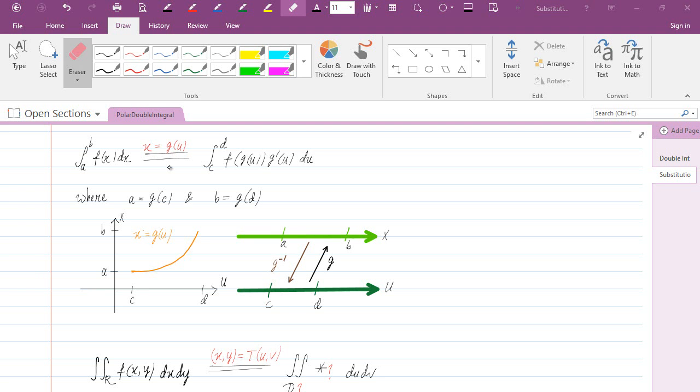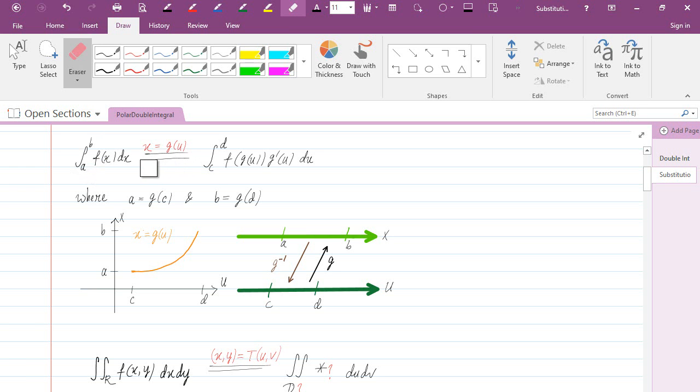In the last video, we have seen the change of variables formula for integrals of functions of a single variable. That is, we have seen this equation right here. We have this integral from a to b of f of x dx. That is, f of x is the integrand, and we are changing the variable from x to u via the function g, where g has an inverse function.